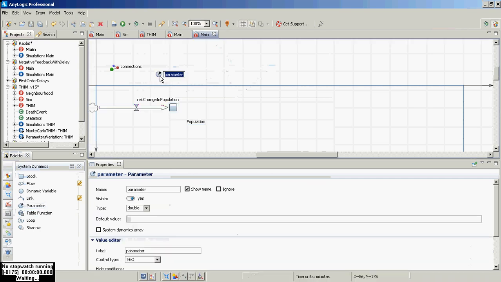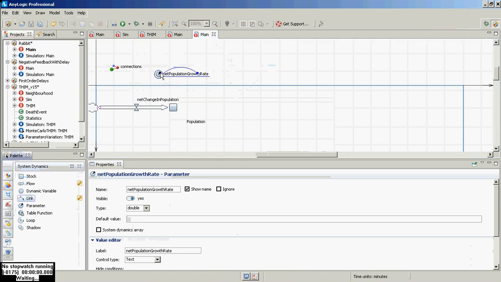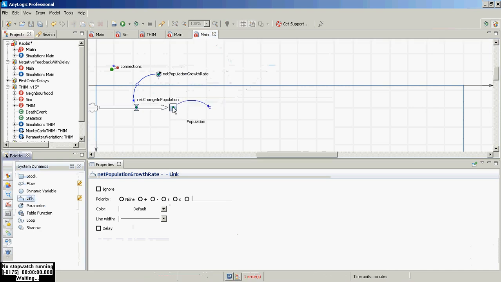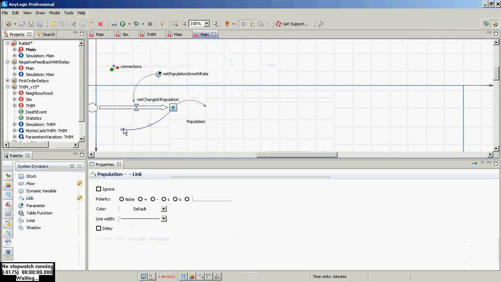Then we're going to go up and create a parameter called net population growth rate. I could have called it birth rate, but then someone would say, well, what about deaths? So this is going to be a net population growth rate.